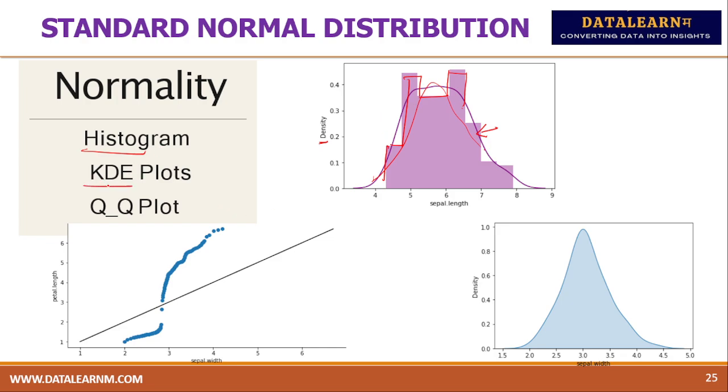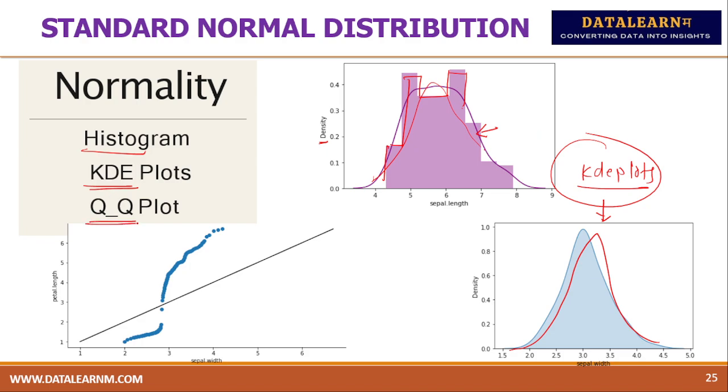There is something called the KDE plot. Obviously, we are going to plot this with the help of Seaborn. In Seaborn, there is a function called kdeplot, which gives you this bell-shaped curve. If you want to plot this bell-shaped curve, you can use this KDE plot.